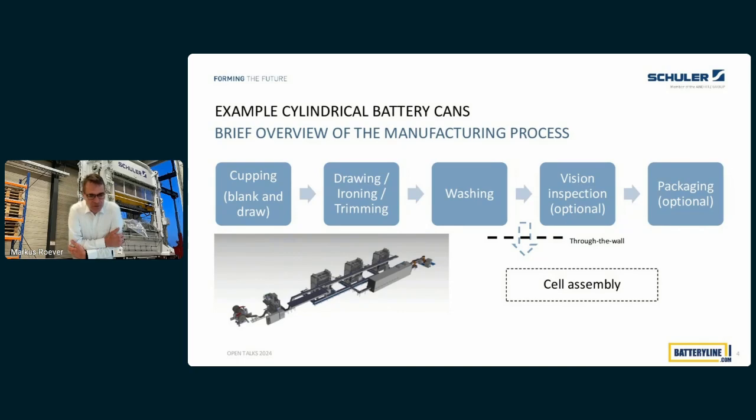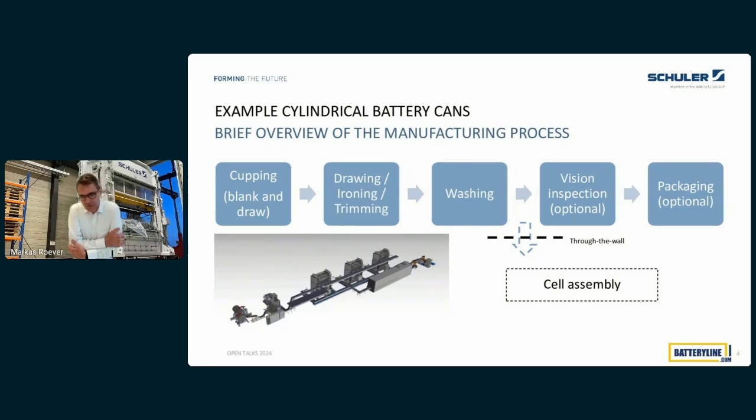In these forming applications, one is using lubricants, emulsion, oils. These have to be washed off the product. Also the particles have to be washed off. After washing, there is the possibility that if this production facility is located in a cell manufacturing unit, you go through the wall directly into the cell assembly.